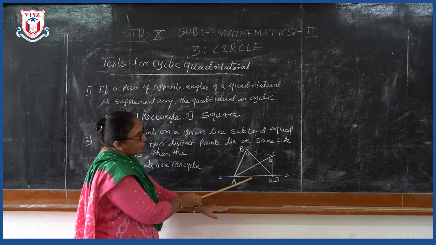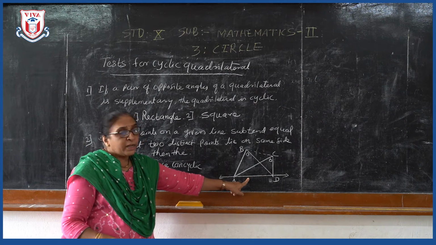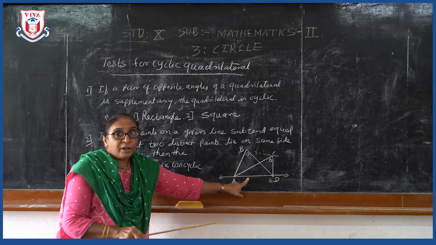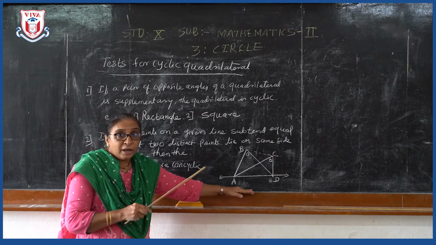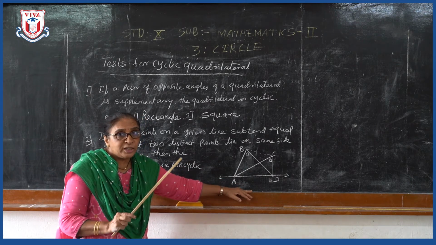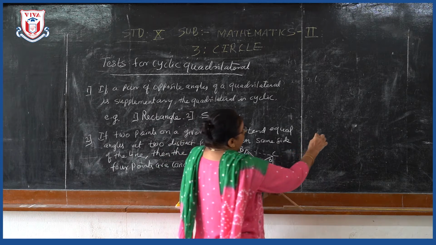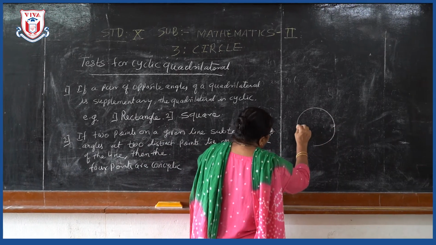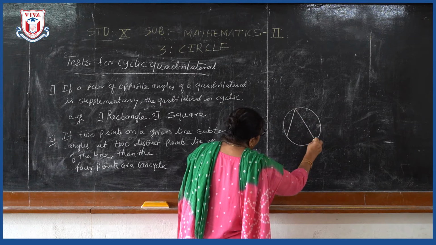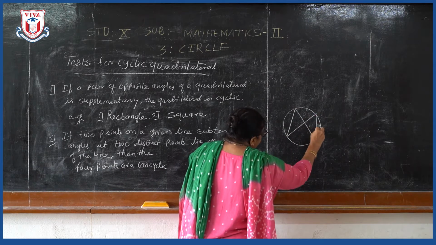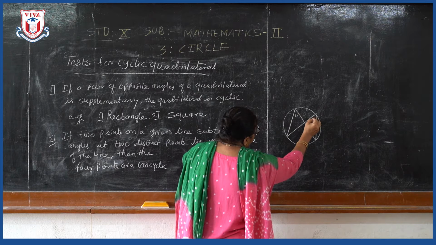Now, this test for cyclic quadrilateral is the converse of another corollary, which in the previous section we have already seen: angles inscribed in the same arc are congruent.